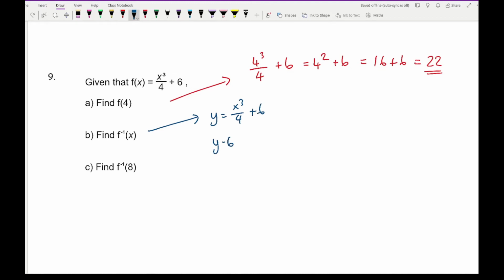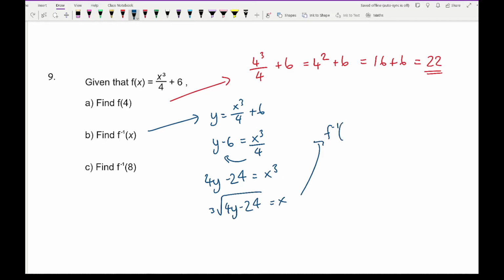So y minus 6 equals x cubed over 4. Multiply everything by 4, so I end up with 4y minus 24 equals x cubed, and then cube root all of that, which is the cube root of 4y minus 24 equals x. So that leaves me with the inverse function of the cube root of 4x minus 24.